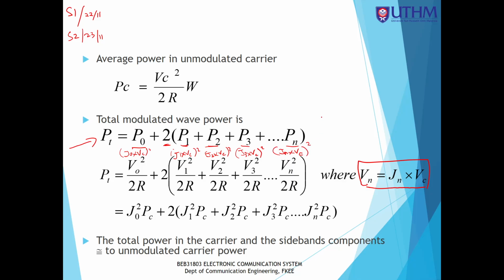If you see from here, each of these components consists of Vc square over 2R.